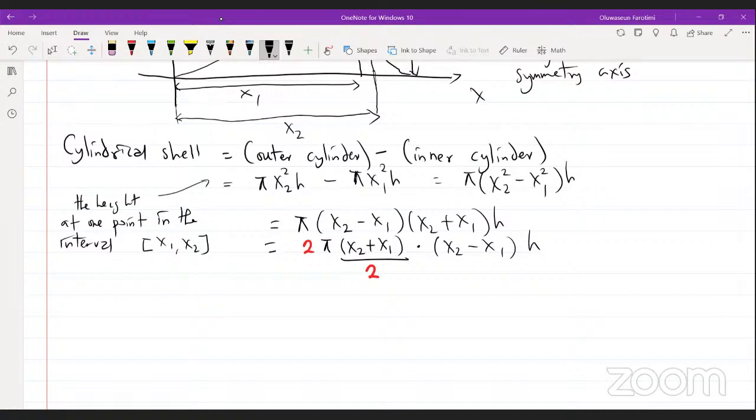Now, where do I get these 2's from, guys? I'm just introducing them because 2 over 2 is just 1. So I'm allowed to do that.